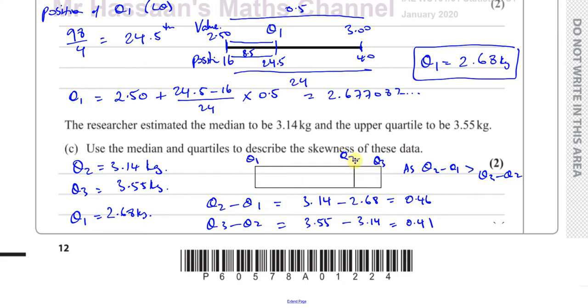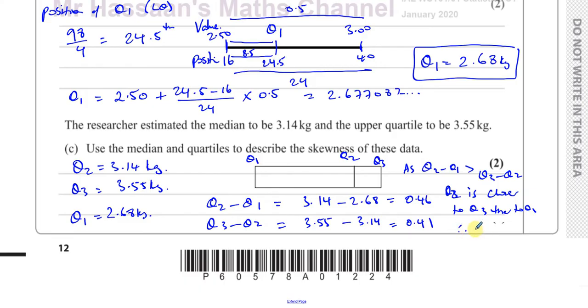All right, so that means the median is closer to the upper quartile than the lower quartile. So you could write that in words if you want. You could say, for example, Q2 is closer to Q3 than to Q1.